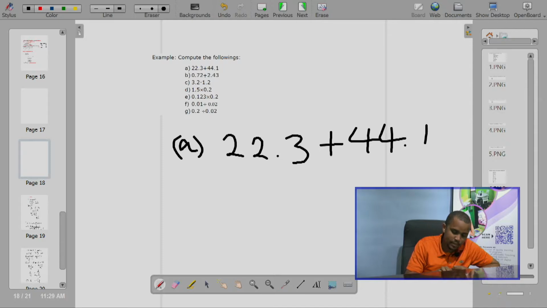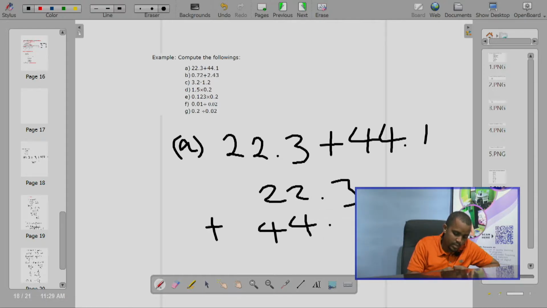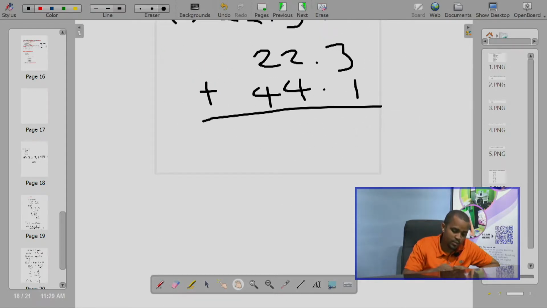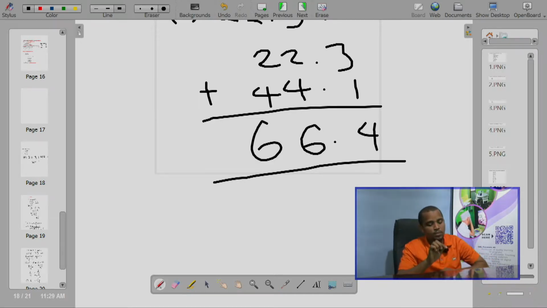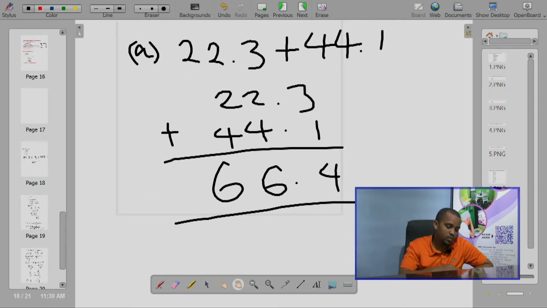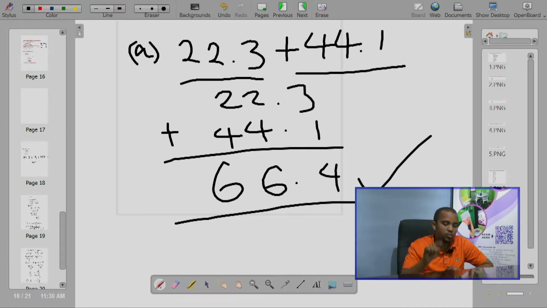So 22.3 and 44.1 can be added as follows. 3 plus 1 equals 4. 2 plus 4 equals 6, 2 plus 4 equals 6. So the answer will be equal to 66.4.